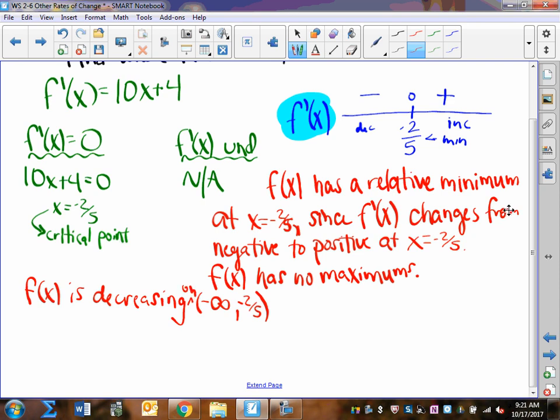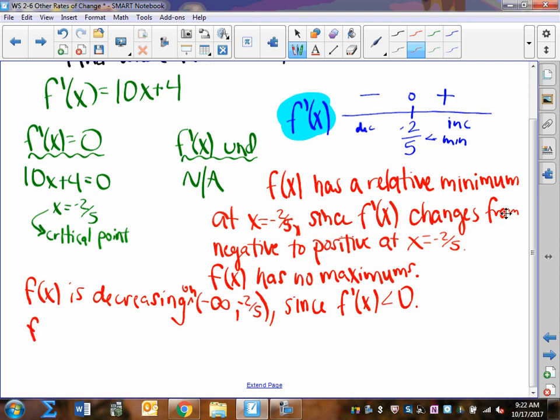How did we know it was decreasing there? Yes, my first derivative was negative. So it's decreasing there since f prime of x is negative or less than 0.